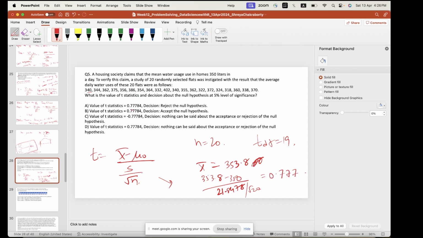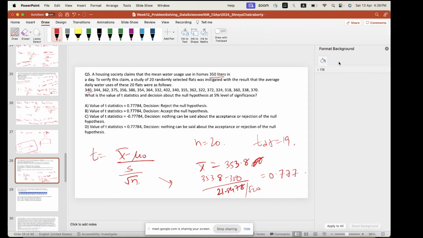And what is our alternate hypothesis? We don't know, because a housing society claims that mean water usage is this. A study was instigated. So mean water usage is this thing.